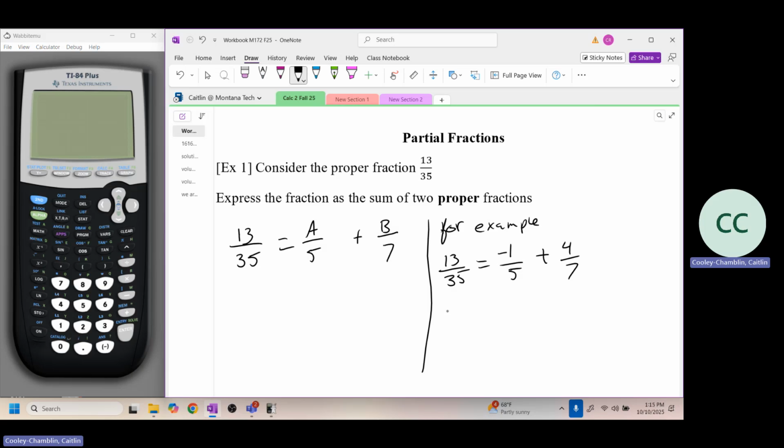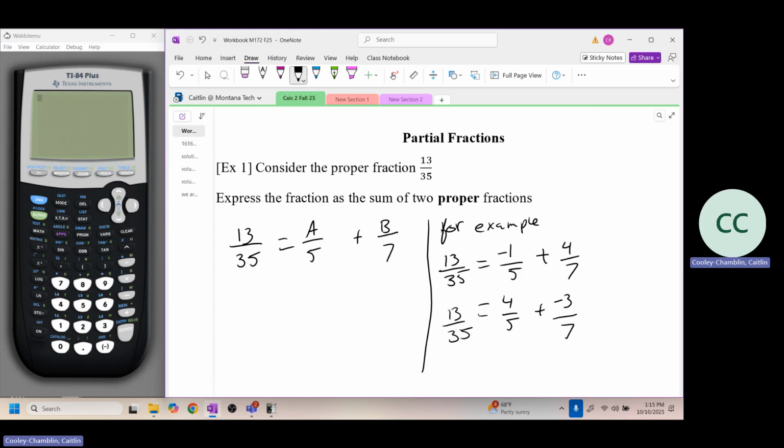Or they might come up with 13 over 35 is 4 over 5 plus -3 over 7. So they come up with a lot of different options. These are just some examples. So something over 5 plus something over 7.